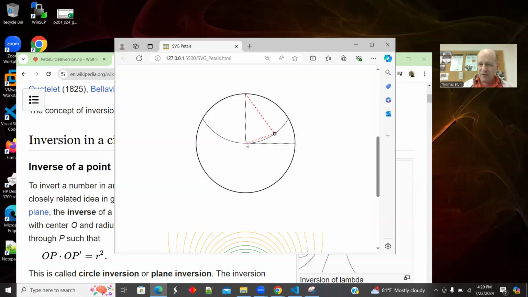And this point down here, since this arc goes through the origin, that point gets mapped to infinity.